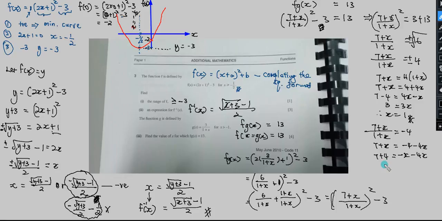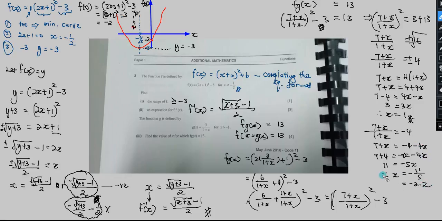So this will become 11. This is minus 5x. This basically is minus 1x minus 4x. Therefore, x equals minus 11 over 5, which gives you minus 2.2.